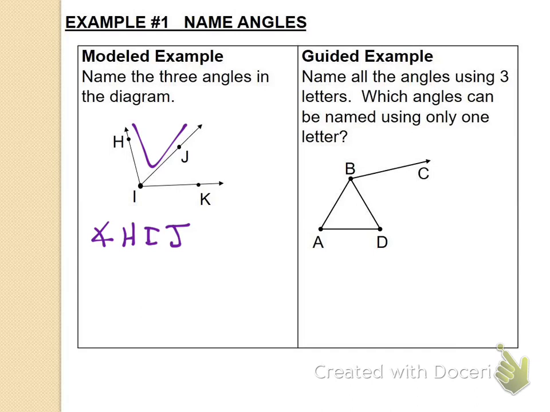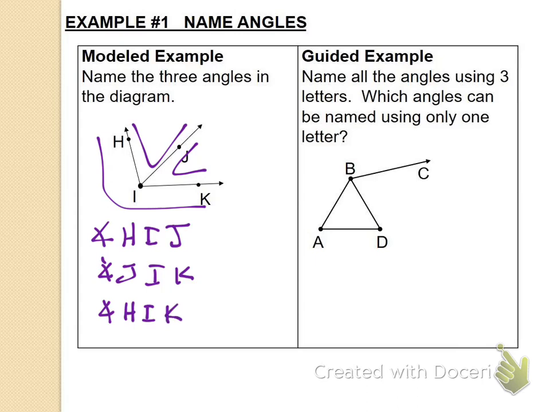This guy here we could call angle JIK, or we can always go the other way, JIH or KIJ. And then the big guy we'd name angle HIK. Okay? What we couldn't do is just say angle I. There are way too many angles at that vertex to try to just use the vertex to name the angle. Okay? So we don't want to do that.